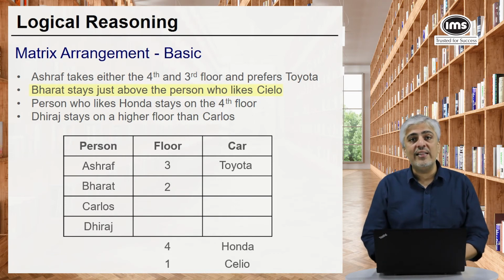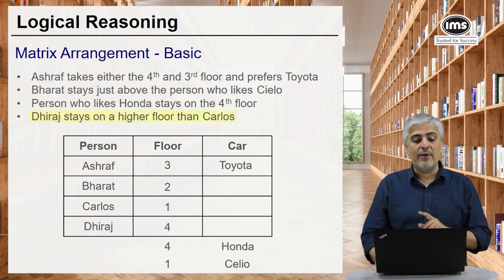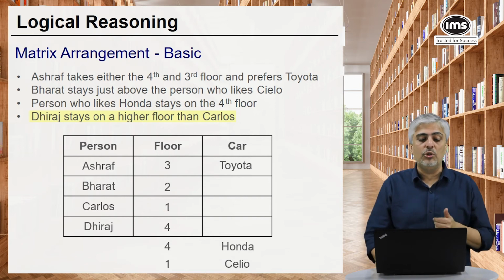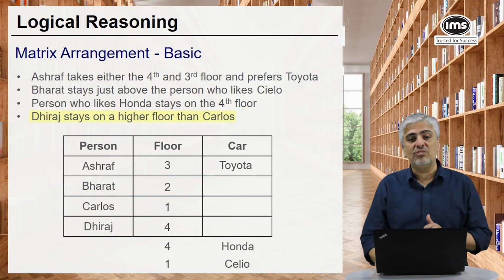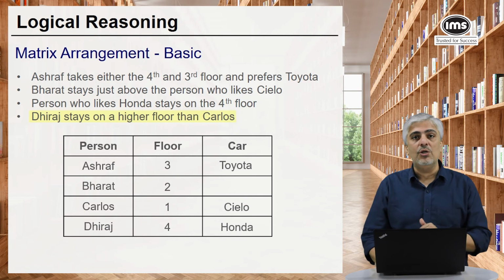Now, the only car left for Bharat will be Omni. So, hence we will have Omni for Bharat and Dheeraj stays on a higher floor than Carlos. So, out of the 2 floors left, Dheeraj will be on the 4th floor and Carlos will be on the 1st floor. I already know 4th floor is Honda, 1st floor is Cielo and therefore Omni will become Bharat.